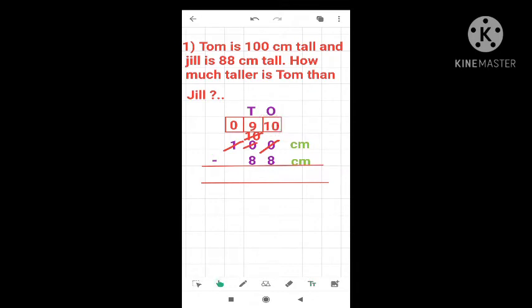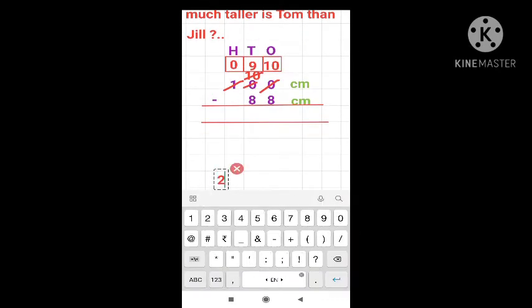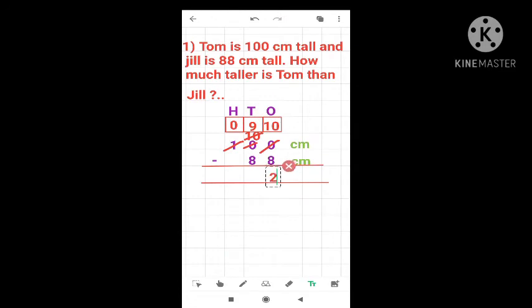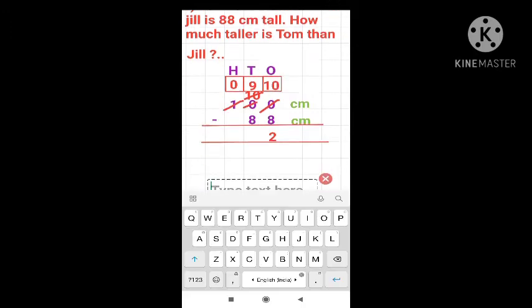So we have to subtract this 8 from 10 and this 8 from 9. When we subtract 8 from 10, we are left with only 2. So write 2 here, and when we subtract 8 from 9, we are left with 1.